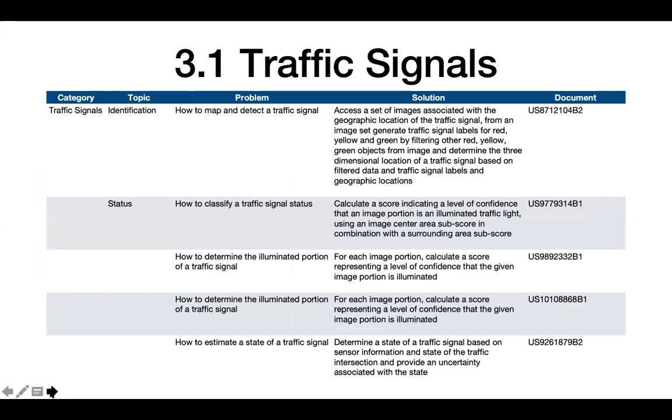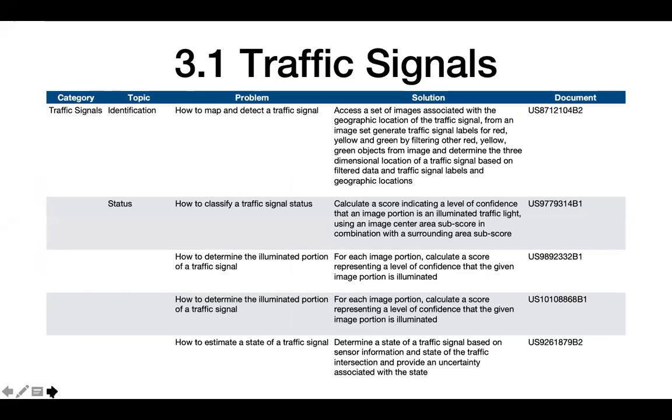I think there's a good number of maybe 12 or 14 different patents addressing identification of traffic signals. How to map and detect a traffic signal, access a set of images associated with the geographic location of the signal. From that image set, generate traffic signal labels. Is it red, yellow, or green?